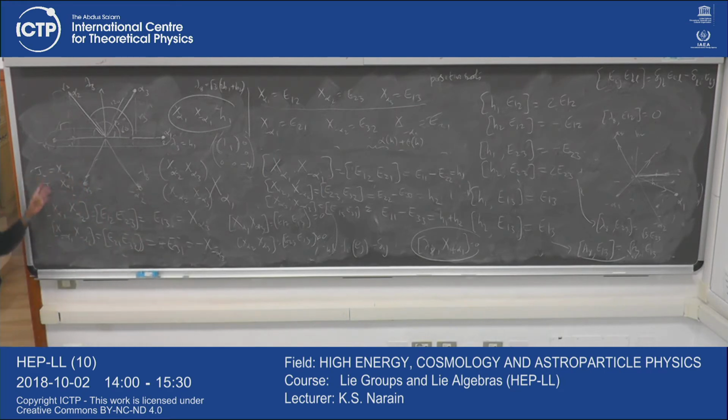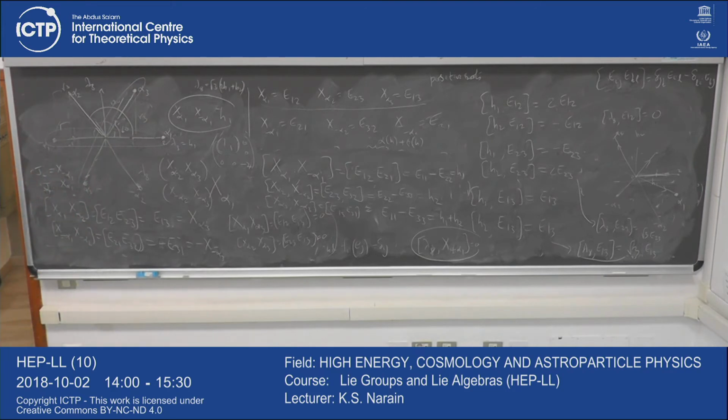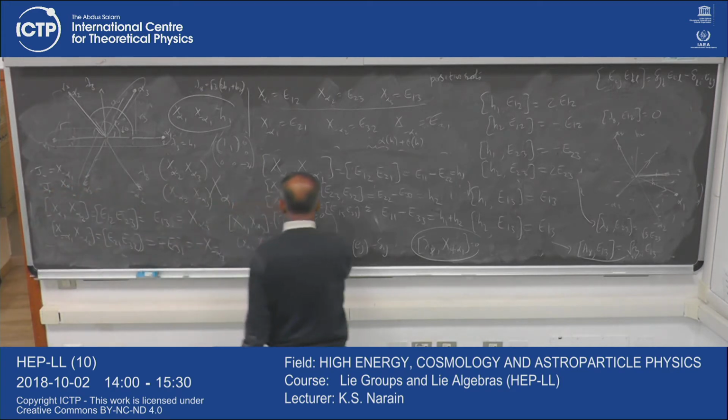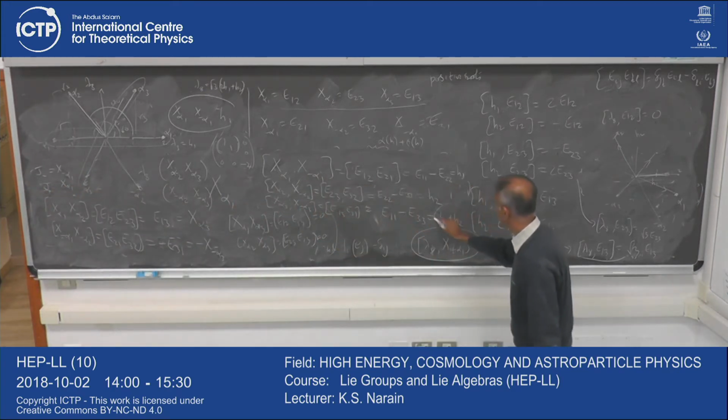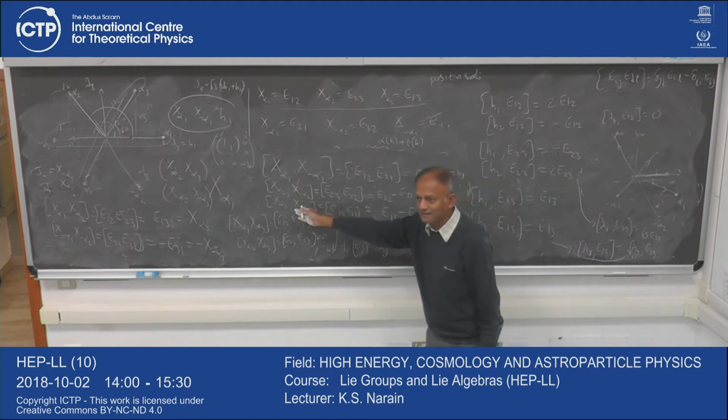But there are several SU2s floating around here. You could have taken this SU2, treated this as a raising operator and that as a lowering operator, and then some combination of H1 and H2 will enter. We can check that the commutator of X alpha 3 with X minus alpha 3 is H1 plus H2. Call this H1 plus H2 the J3 component of this SU2.